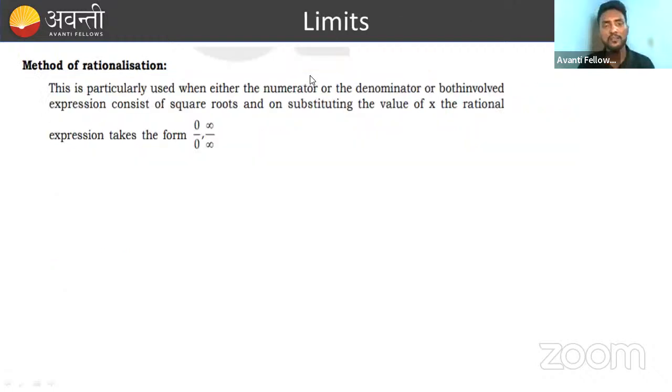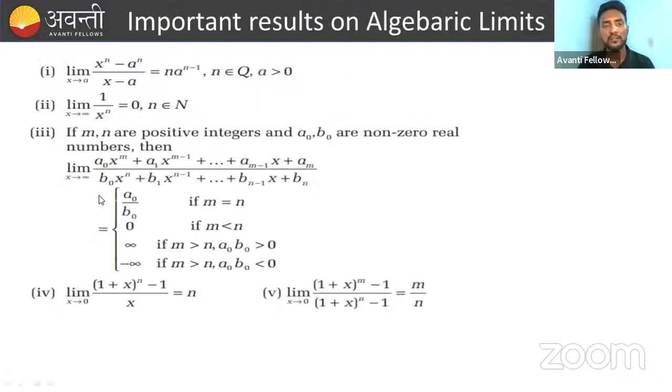Also, if a polynomial division is given and the degree is the same, then the limit value is the coefficient of the highest power divided by the coefficient of the highest power of the denominator. If the denominator degree is greater, then it is 0. If the numerator degree is greater, then it is either infinity or minus infinity. These are the things we have seen in the previous classes.